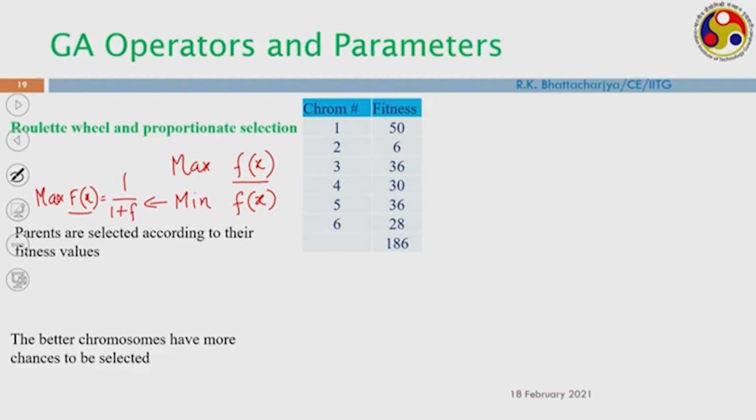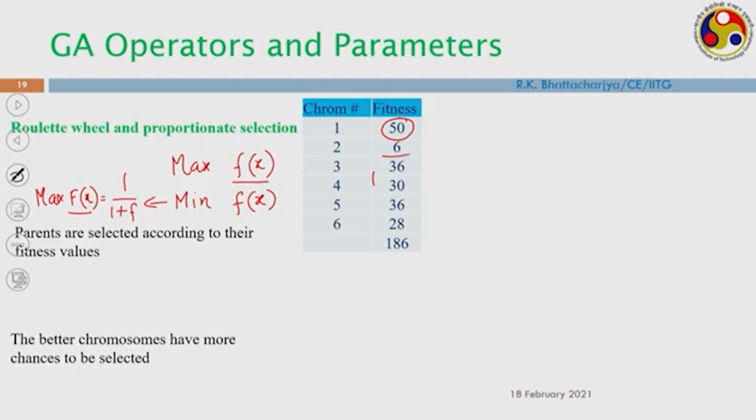So for this example problem, I have calculated the fitness just like a maximization problem. If the value is more, that means it is a better solution. Suppose for chromosome 1, the first solution, the fitness value is 50. That is the best solution in the population, out of these 6 solutions.